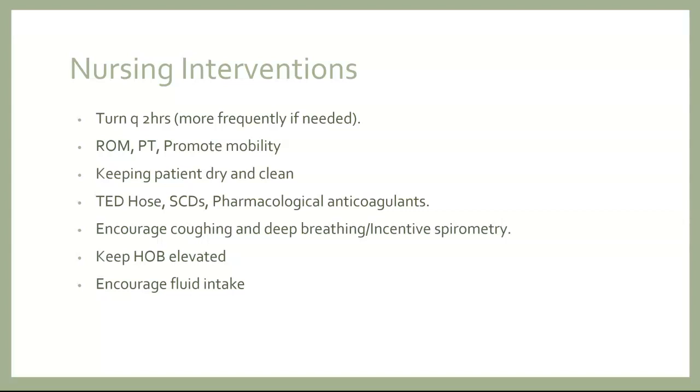And then to do range of motion, have physical therapy come help to promote mobility. And it's important to keep the patient dry and clean, because when the patient is wet, their skin is moist, then they're at higher risk for developing skin integrity issues. And then you also want to keep them clean. So if they're sitting in urine or feces, their skin's going to break down a lot quicker.